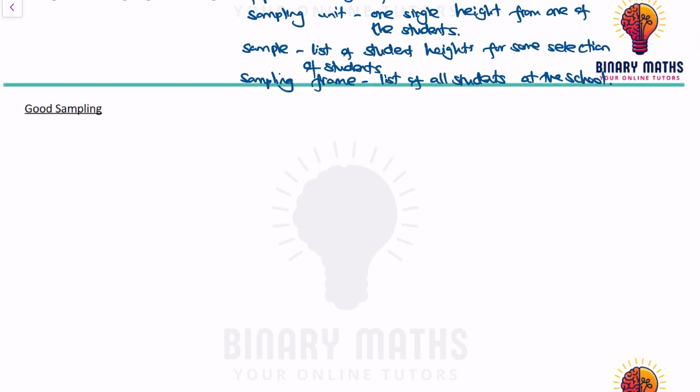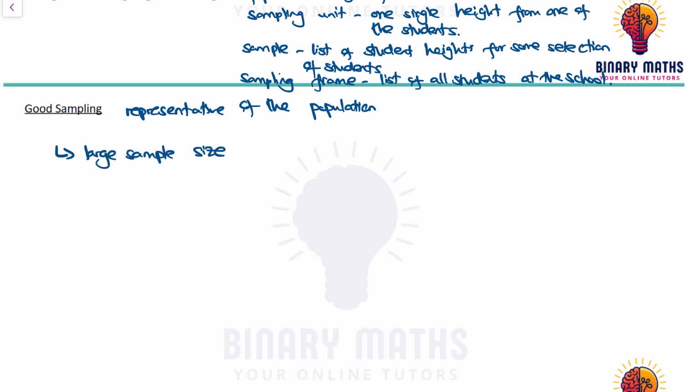A good sample is always representative of the population it is representing. So we do this via two things. We always use a large sample size. If we take a large enough sample size, then it will be more representative. And the second thing is we use an unbiased method.